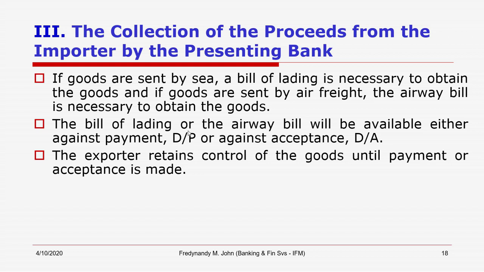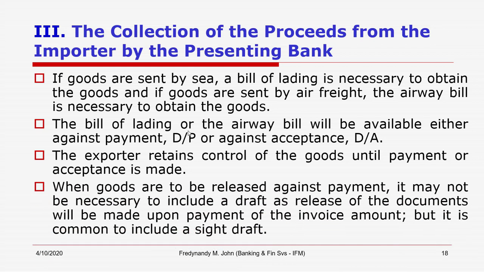As long as the banker still has the documents, it means the exporter still has control over the goods. But the moment the documents are released to the importer, the seller no longer has control over the goods. He has lost everything.